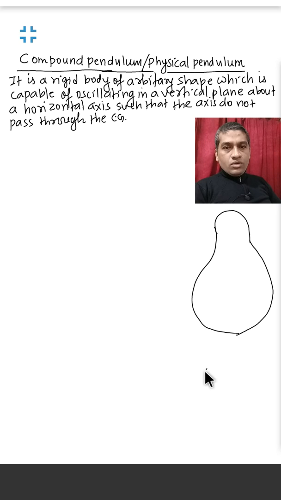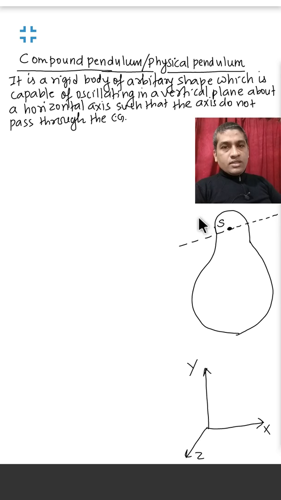Okay, so if I draw axis XY and Z axis is perpendicular to this board, we can see compound pendulum is in XY plane. And the axis is horizontal, so this is an axis, so this is the point of suspension. Okay, this is S, so this is point of suspension, or it is also called a pivot. Clear?